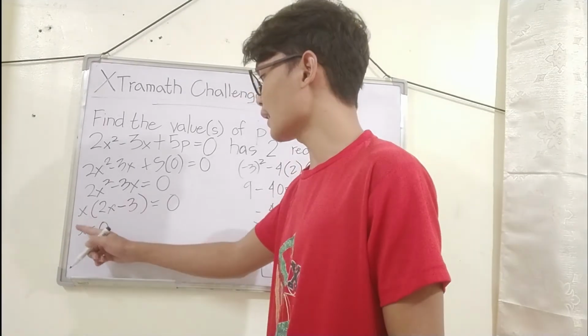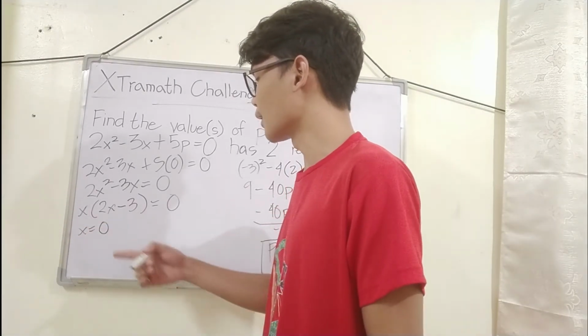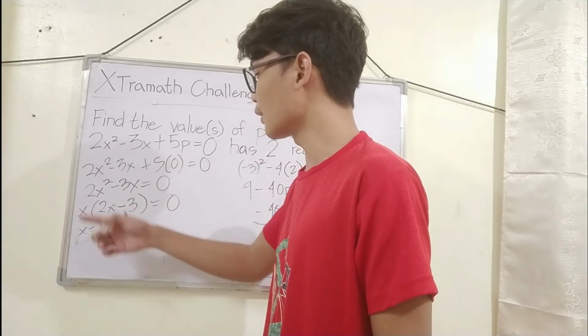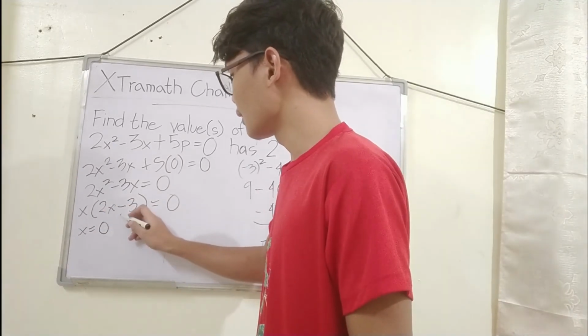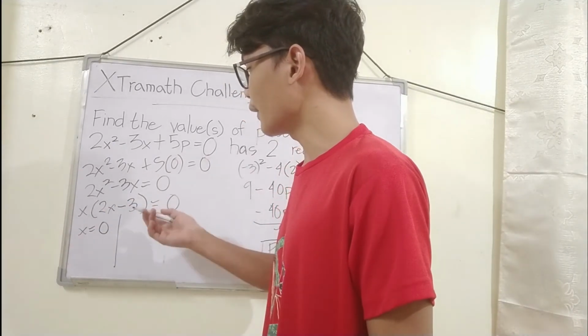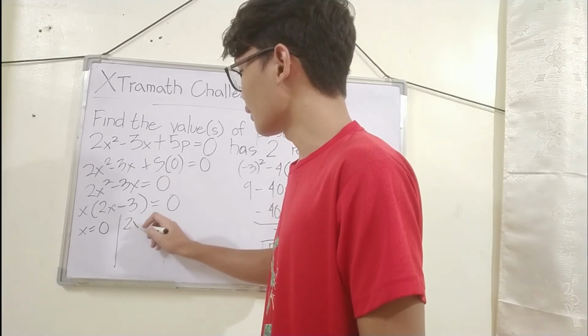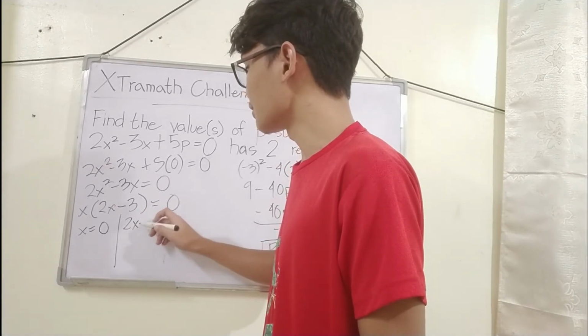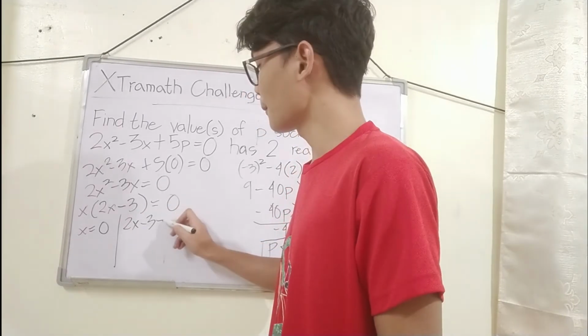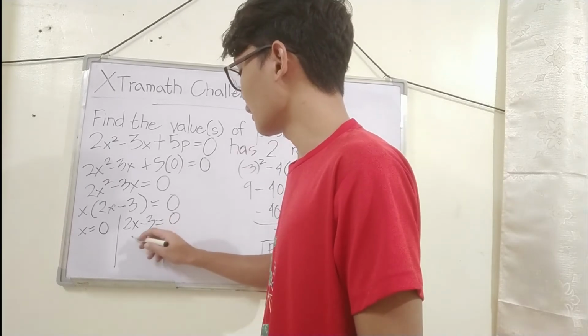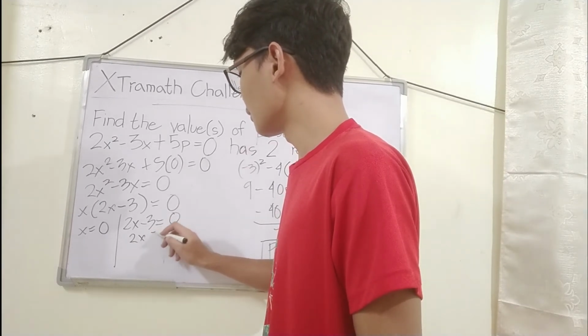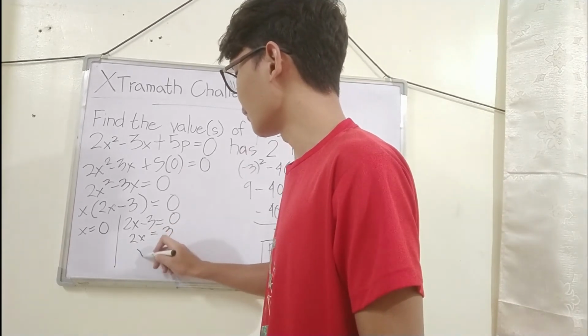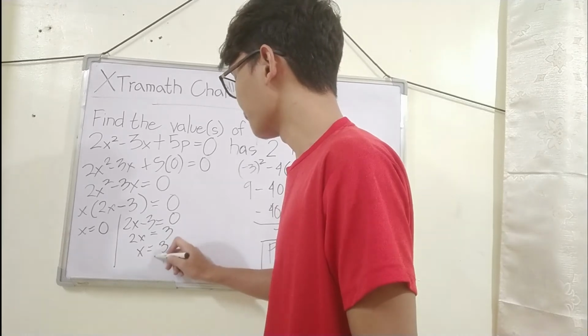Our first factor is x, so equating it to 0, the first value of x is 0. Now to find the second value of x, we equate the second factor, 2x - 3, to 0, and we get a value of 3/2.